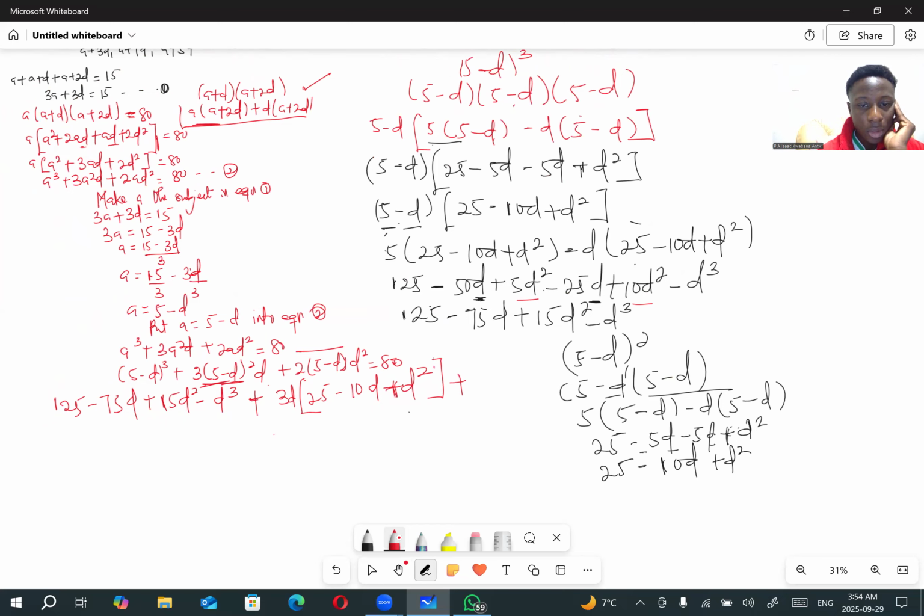If you look closely, it's 2d squared times 5 minus d, right? That's it. It's equal to 80. So now you understand this portion. I want to clean it off. I hate to make errors. Okay, let's move on.